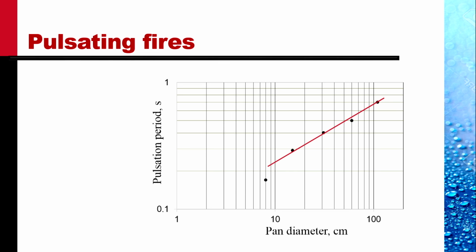And they get these dark points as a pulsation period versus pan diameter on the log-log scale. This red line is the line of the rule that we obtained earlier. So we see clearly that our modeling rule is quite valid. Thank you very much.